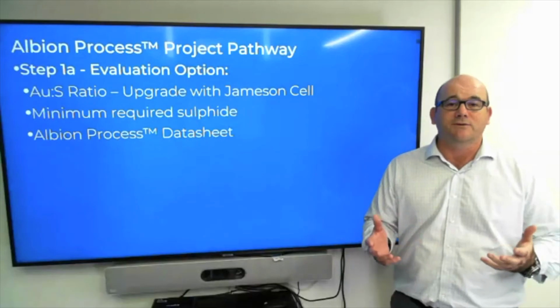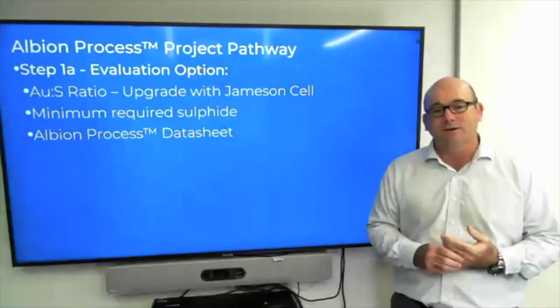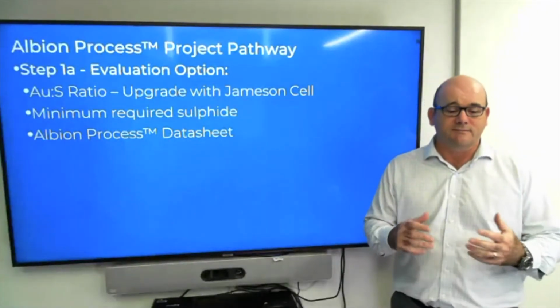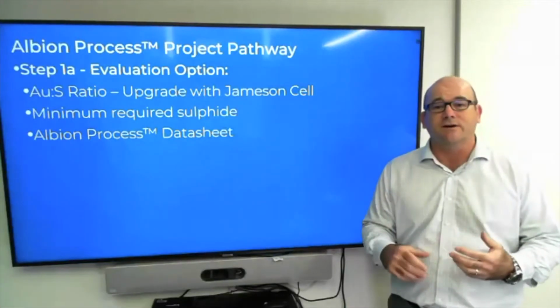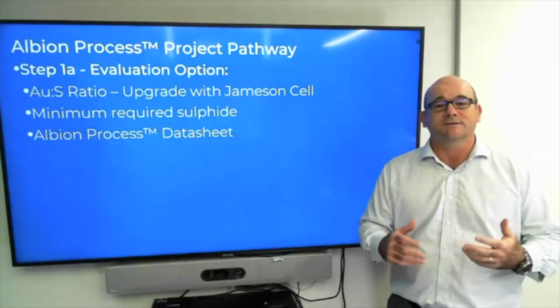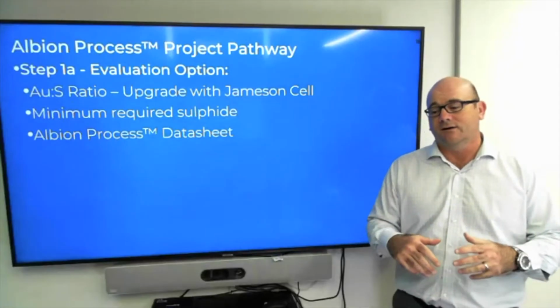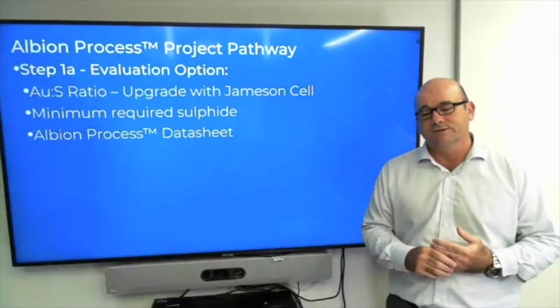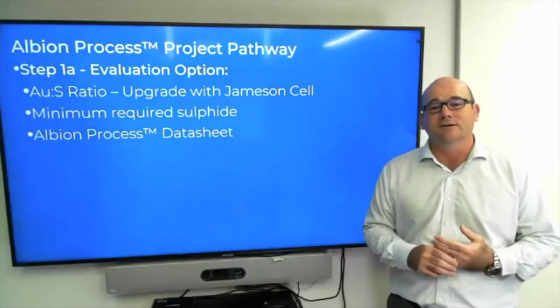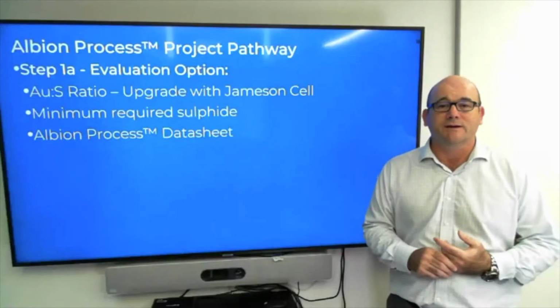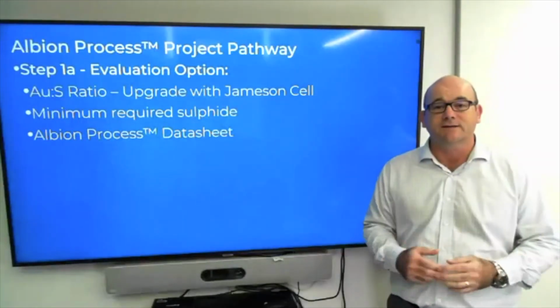We look at a few of the key requirements for Albion. So really the Albion process being a sulfide oxidation, obviously, so we need a certain amount of sulfide. For us to run the Albion so that it's autothermal, we need a minimum of about 10% sulfide in the feed to the Albion.